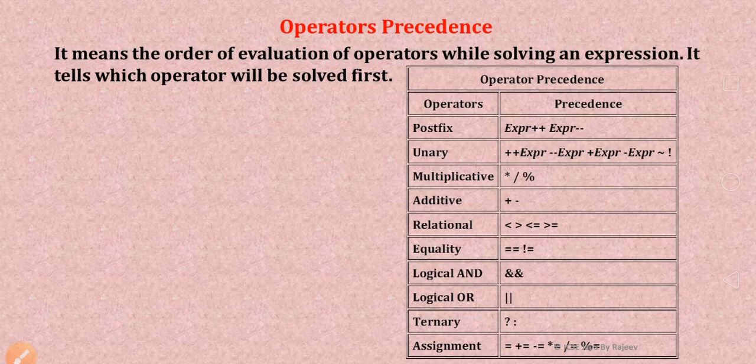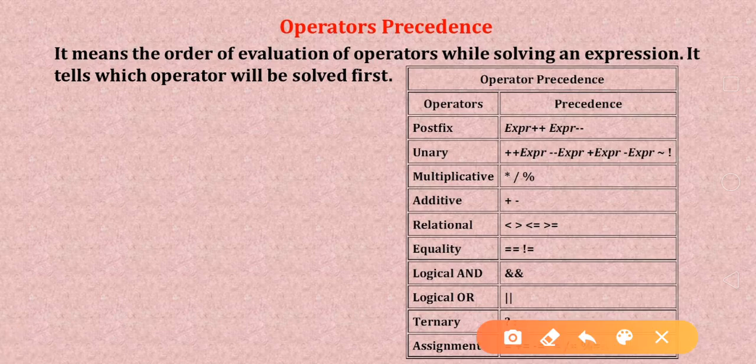It means whatever the operator will come first, that will be evaluated first. Plus, minus, then relational operator, less than, greater than, less than equal to, greater than equal to, equality, equal to and not equal to, logical and will be solved, then logical or, ternary operator and the assignment operator.